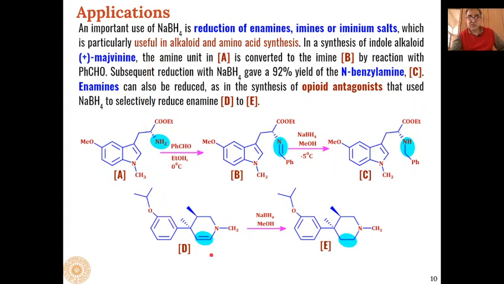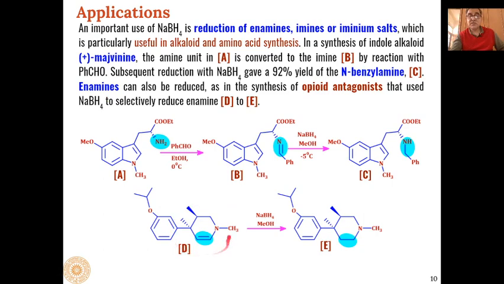Similarly, in this second example, you can see that we have this ether moiety and an N-methyl moiety, in addition to this carbon-carbon double bond. When a carbon-carbon double bond has an alpha group in the form of nitrogen, these types of compounds are called enamines.